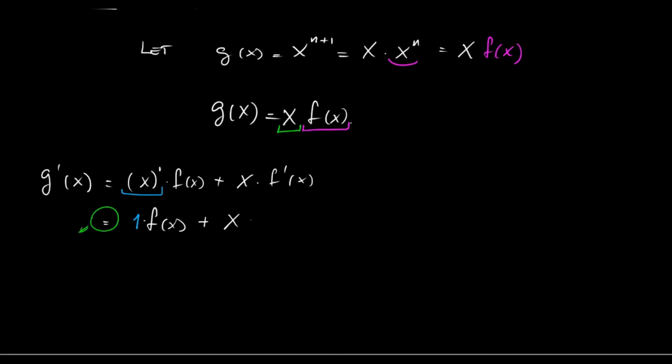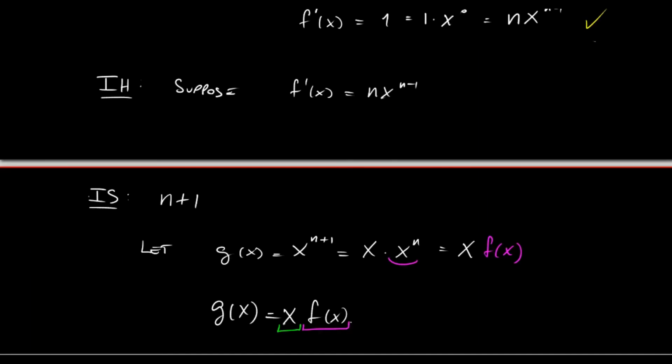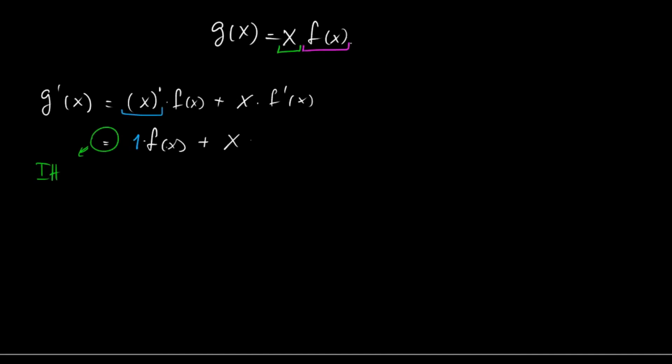And here is when we use our inductive hypothesis. We said that f prime was n times x to the n minus 1. So we're gonna be using this and saying that this f prime is n x to the n minus 1. And now we can just use the definition for our function and write this as x to the n plus n times x to the n minus 1.